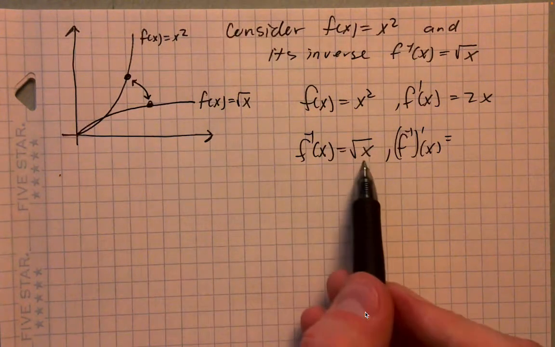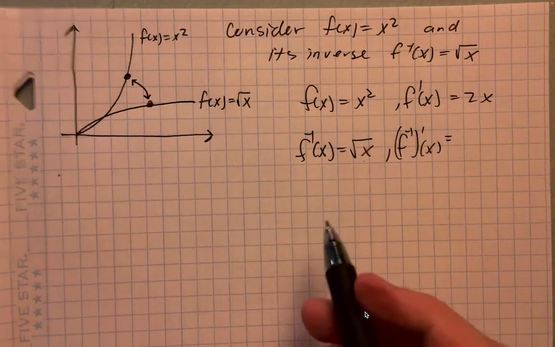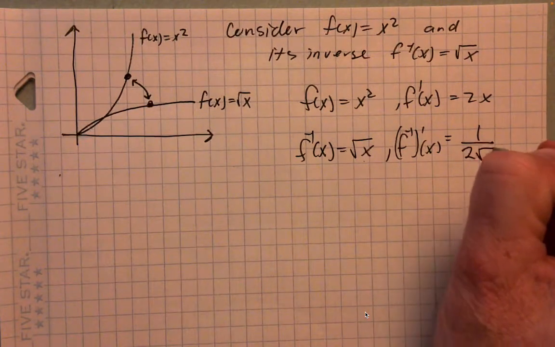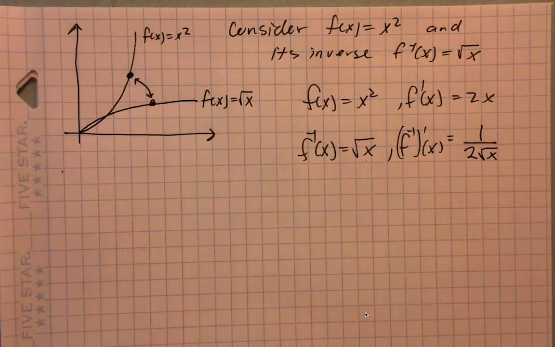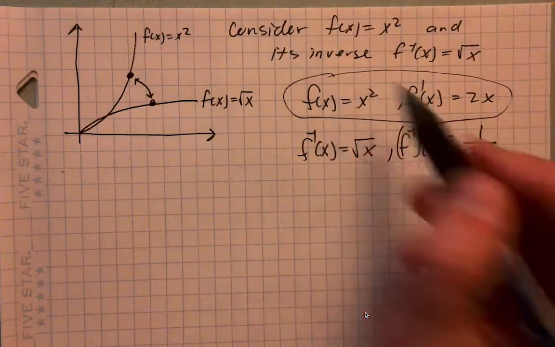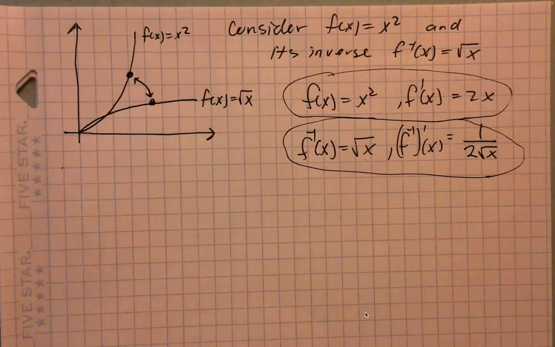This would be x to the 1/2, and so then it would be 1/2 x to the negative 1/2, and so what you end up with is 1 over 2 square root of x. Okay. So here are our functions. Here's f and f prime. Here's f inverse and f inverse prime.